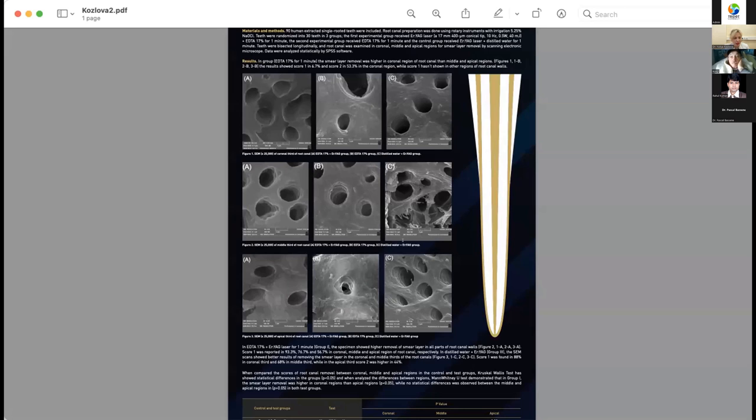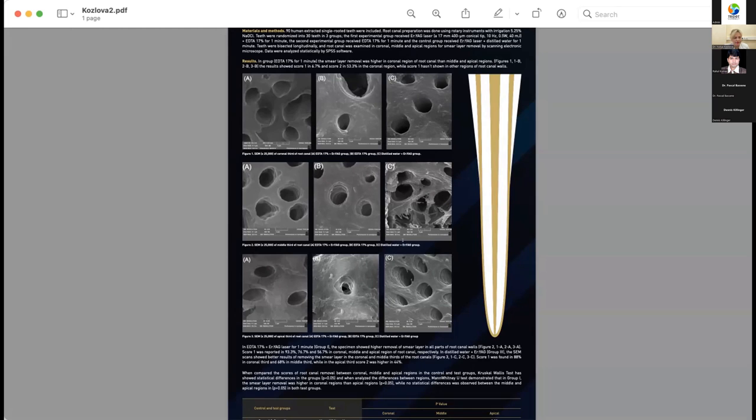In group 3, which was the control group, where we didn't use the EDTA, we just used distilled water, and we were checking the properties of Erbium YAG. We went under the SEM examination, and it showed better results of removing the smear layer in the coronal and middle thirds of the root canal.